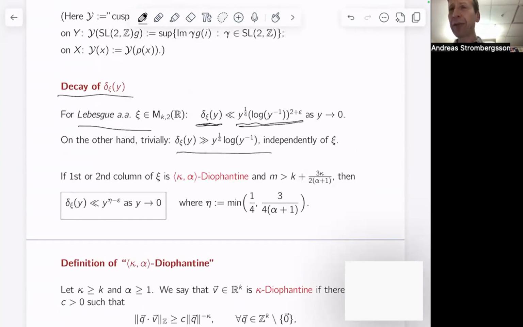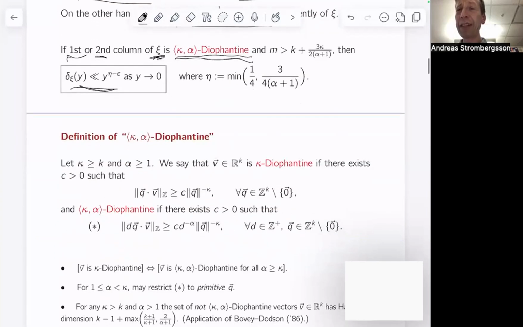And then you can also work out if you have some type of Diophantine condition on psi. Here we have done some naive observations: if you assume that either the first column or the second column of psi is what we call kappa comma alpha Diophantine, then you can deduce some power rate decay depending on what kappa and alpha are. Kappa Diophantine here means just the linear form Diophantine condition.